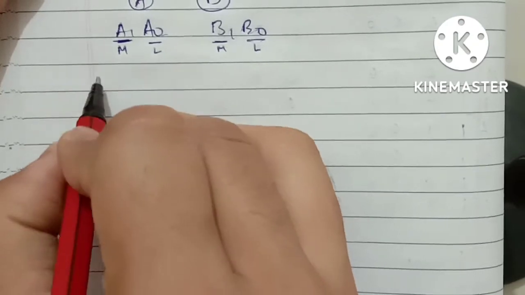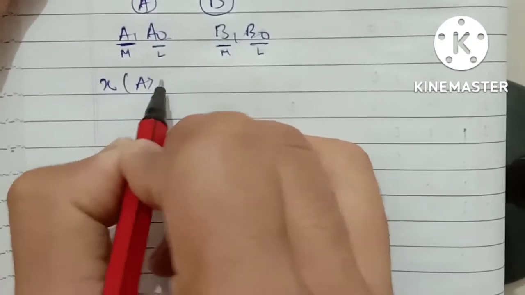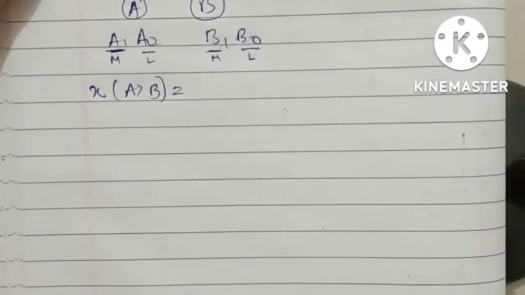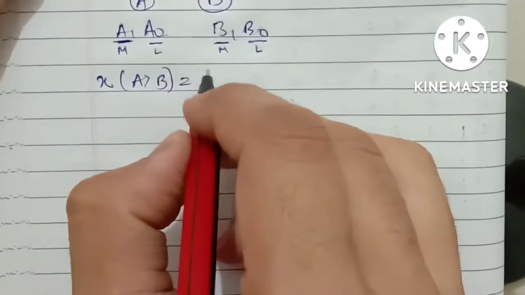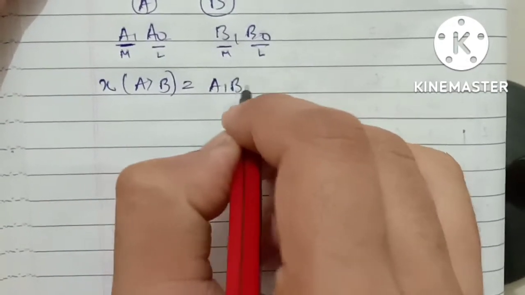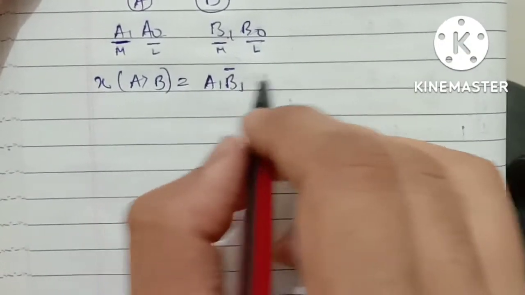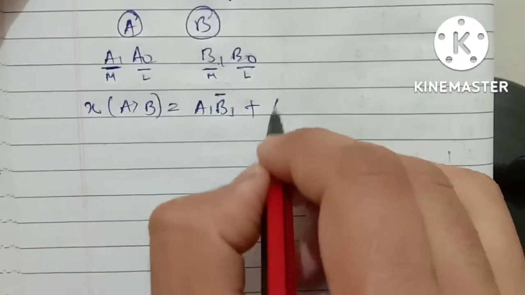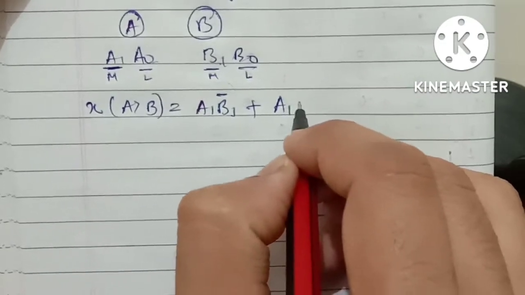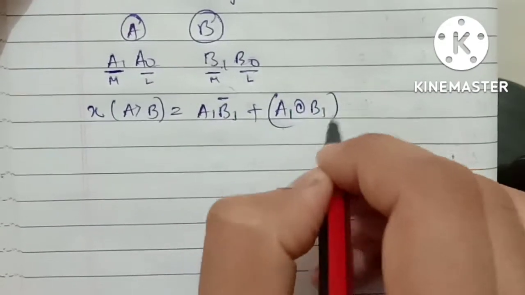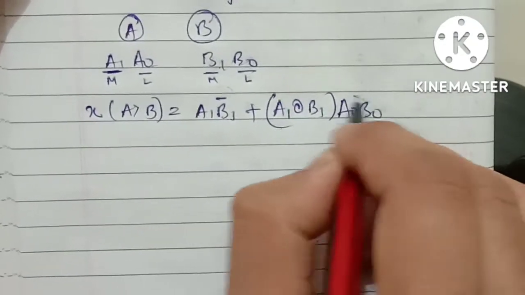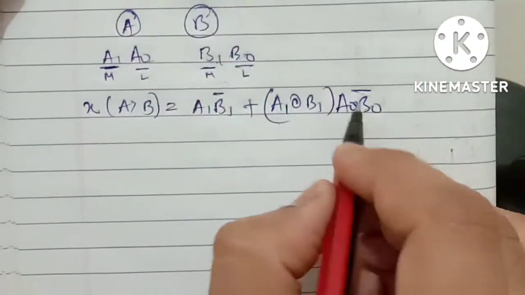For writing x, which means the a number is greater than the b number, you have to take a1 b1 bar, and then plus a1 xnor b1 and a0 b0 bar, a0 b0 bar.